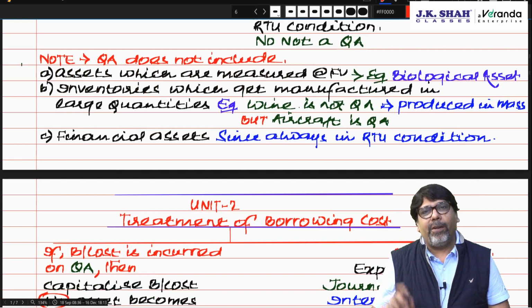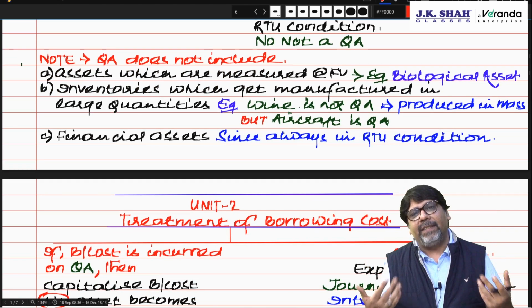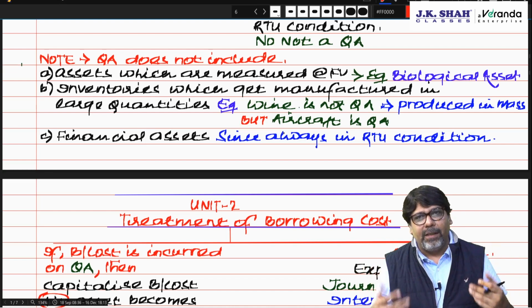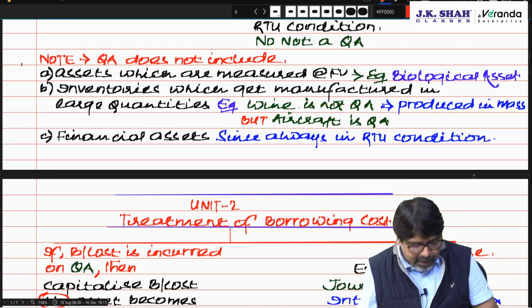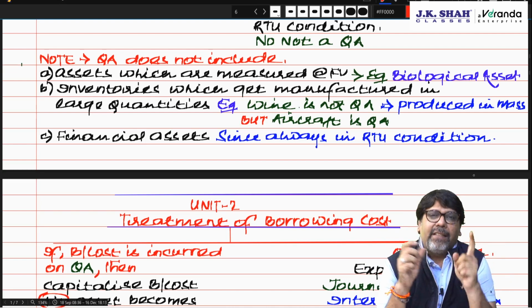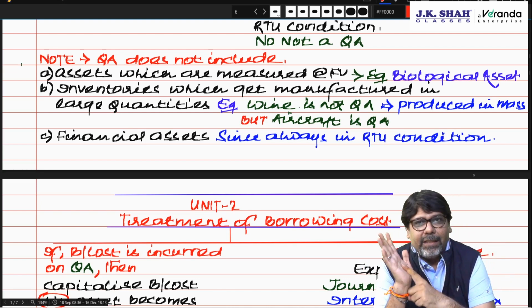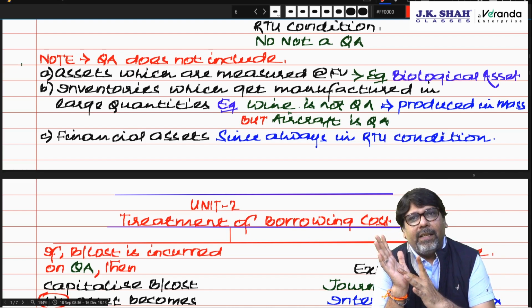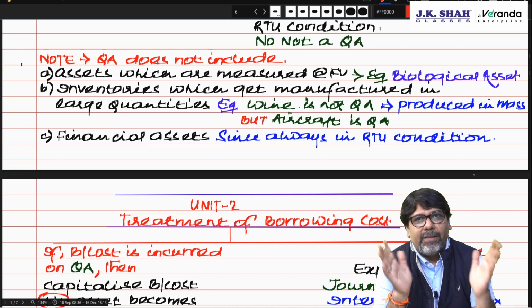But aircraft are not produced in large batches. It is produced one by one. So an aircraft is a qualifying asset. Am I clear? So if you are considering inventory, whether it is a qualifying asset or not, first you will check the substantial period. After that, you will check whether it is manufactured in mass or on an individual basis.